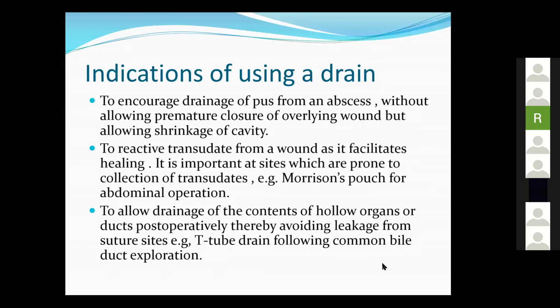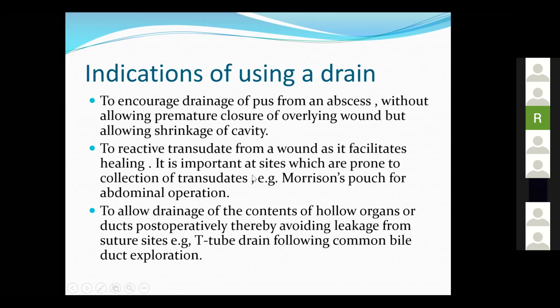So indications of using a drain are that we encourage drainage of pus from an abscess without allowing premature closure of the overlying wound. And if there is a drain, the cavity will keep on shrinking easily, and it facilitates wound healing.